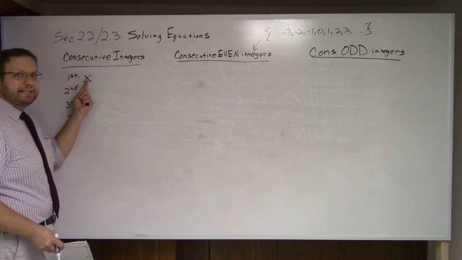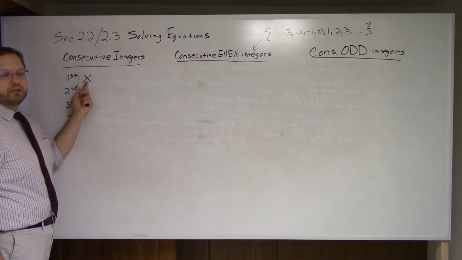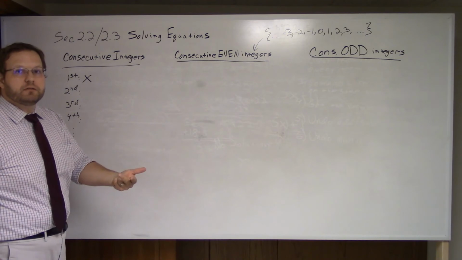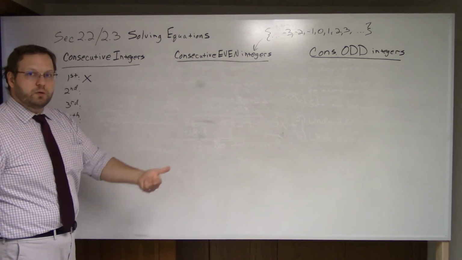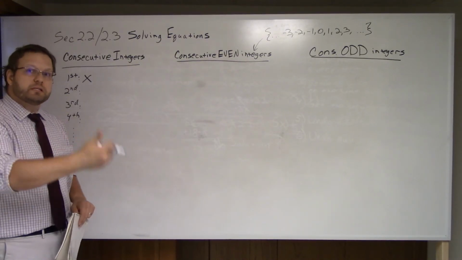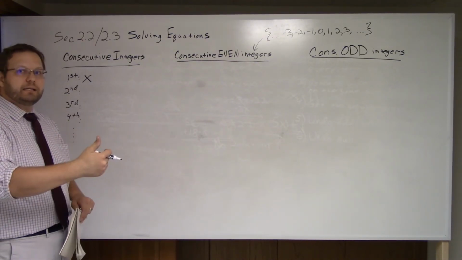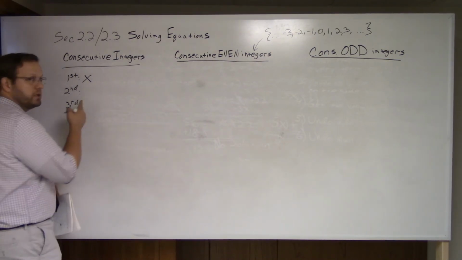Now, if we want to get to the next number, let's say hypothetically this was 17. What would be the next consecutive integer? 17, 18, 19, 20, 21. What are we doing every time? We're adding 1 to the previous number. 17 plus 1 is 18, plus 1 is 19, plus 1 is 20, and so on. So that's what we're going to do here.